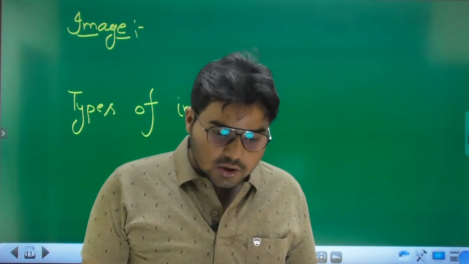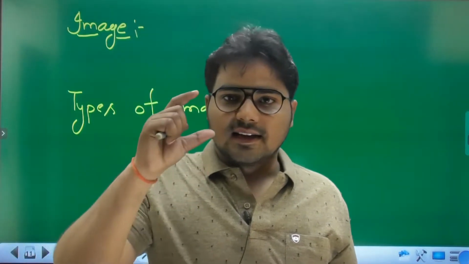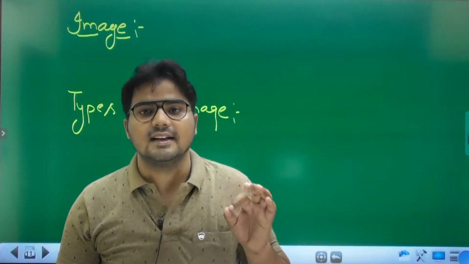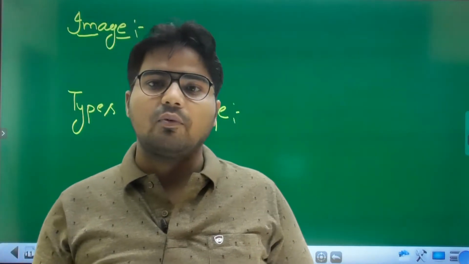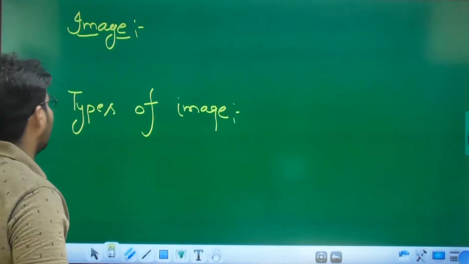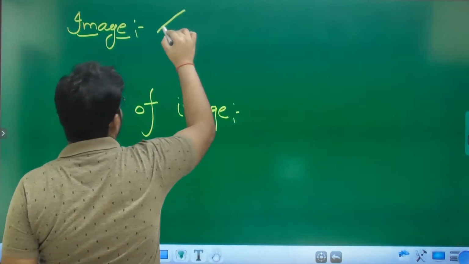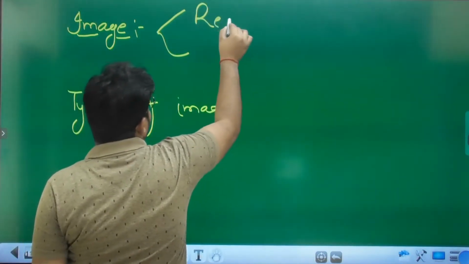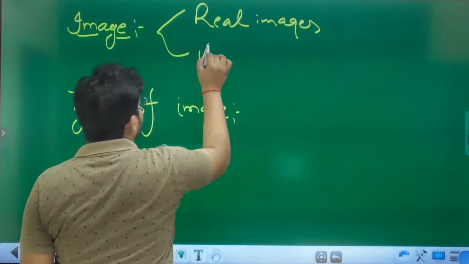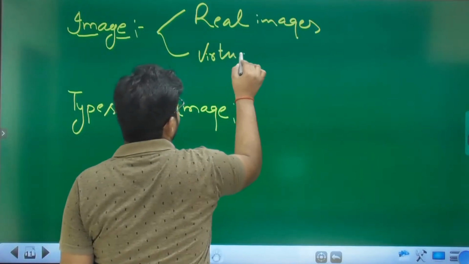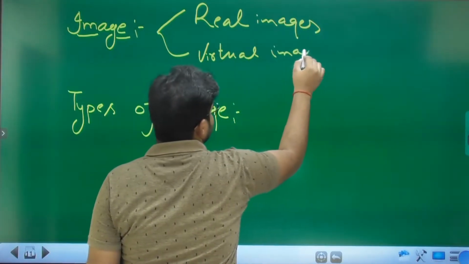Clear? So the image formed on our retina is real and inverted. So the first type of image is real. There are two types of images: first, real images, and second, virtual images.